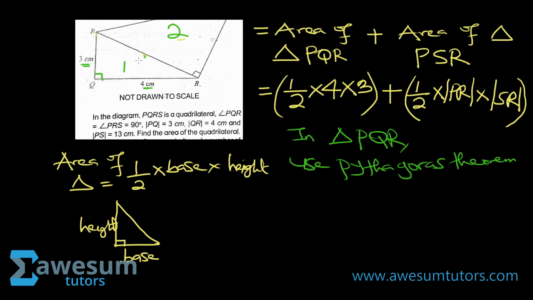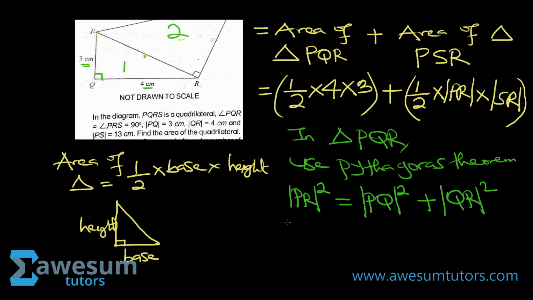So let us use the approach here. PR is the hypotenuse. So I will say PR squared equals opposite squared. Before that, we can say PR squared equals line PQ squared plus the adjacent, QR squared.